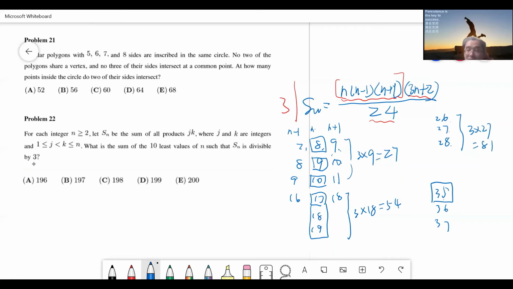Adding together, we have 27, 54, 81, then 35. This is 127, then we have this 10, this 197. Yes, 197. The answer is B, 197.